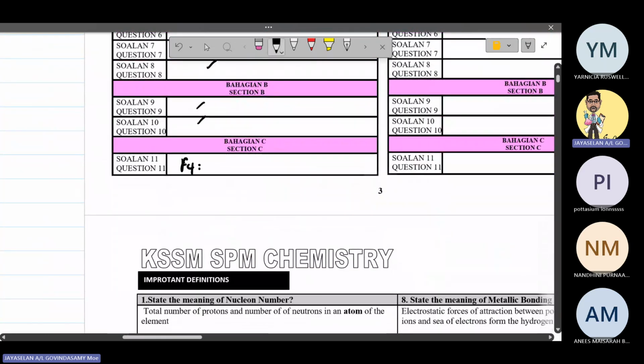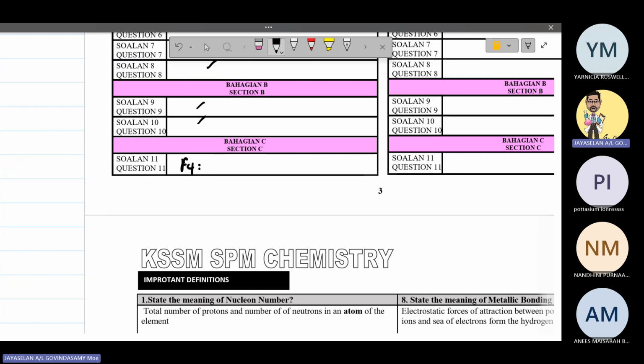Form 4, I want to put three topics. First one, acid, base, and salt. This book I already put. The experiment can come out: preparation of soluble salt, which is one experiment I already do in this book, you study that.